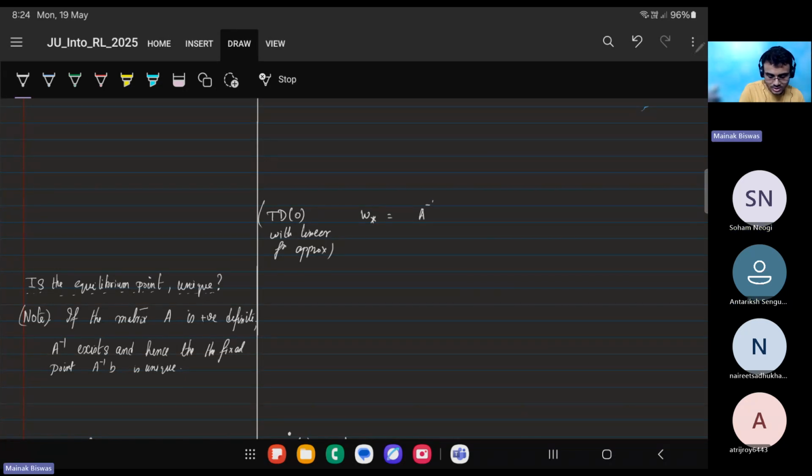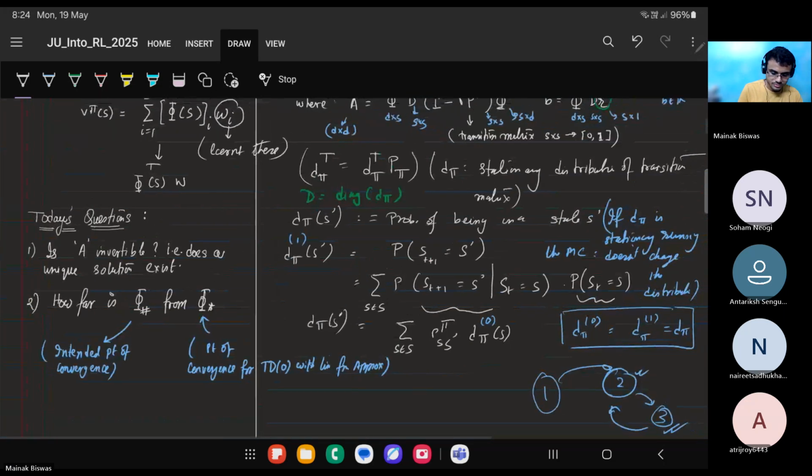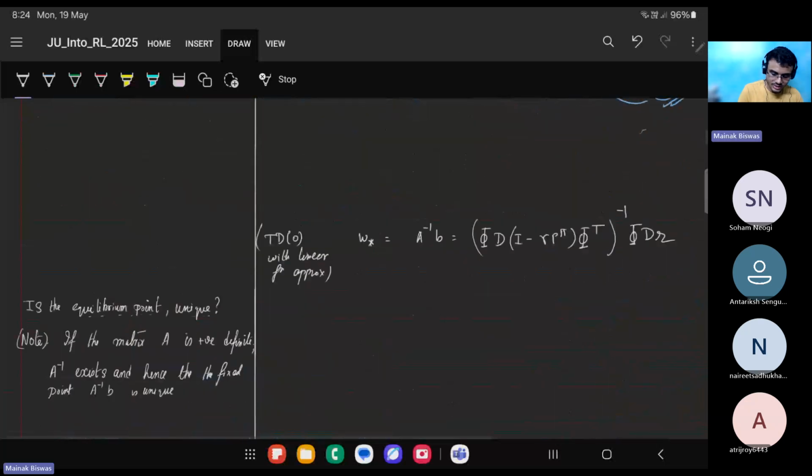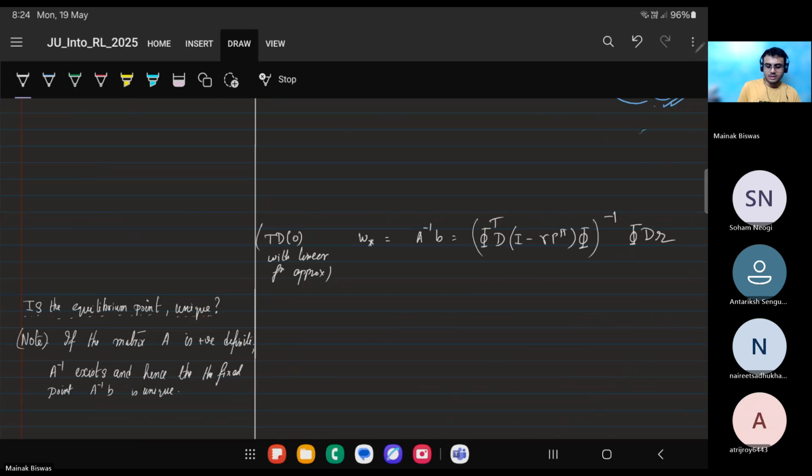A inverse B, which is, let us write it down: phi D I minus gamma P pi phi transpose inverse, phi transpose D R. Is this right? Phi transpose is in the beginning, phi is at the end. Is this fine? This is A. This is B. Do you agree? Questions?